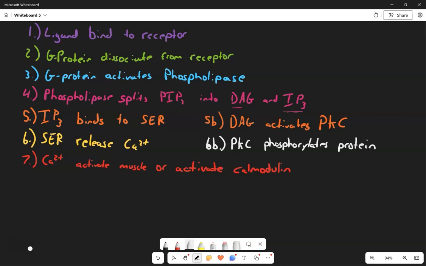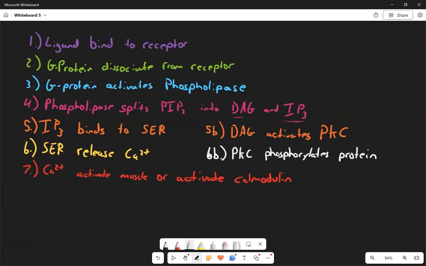Okay, so there are our two diverging pathways. And that is the IP3 DAG pathway.